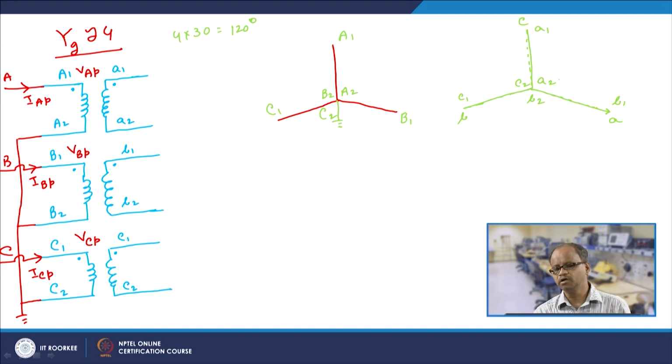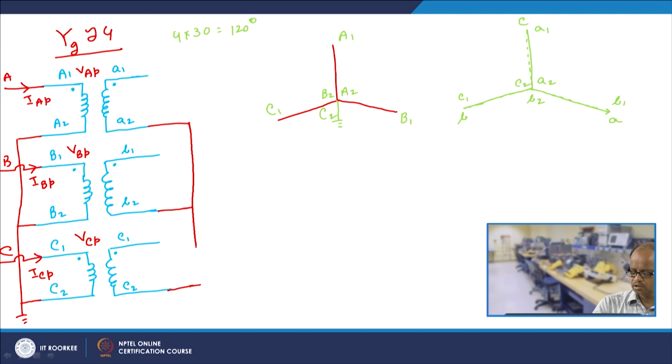So then what we are doing, we again drawing A2, B2, C2 together. So we are connecting A2, B2, C2 together, and we are not grounding the connection.